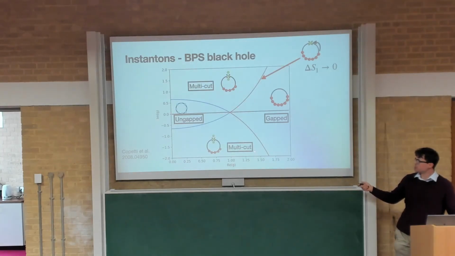But when you take values of the coupling in the complex plane, then there's this critical line where you go from the phase where the gapped phase dominates to where multi-cut eigenvalue distributions with tunneling eigenvalues can dominate.